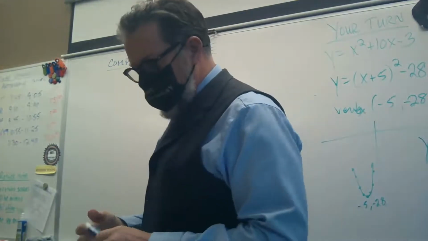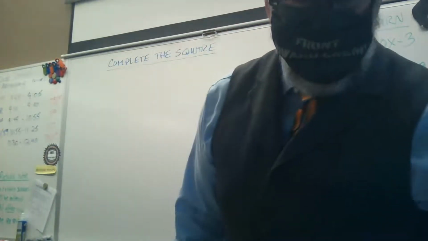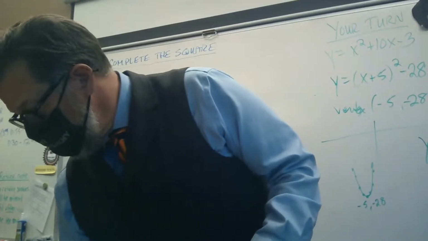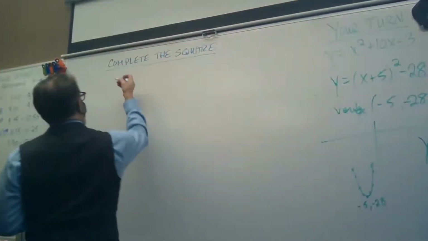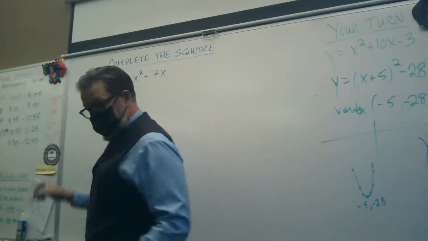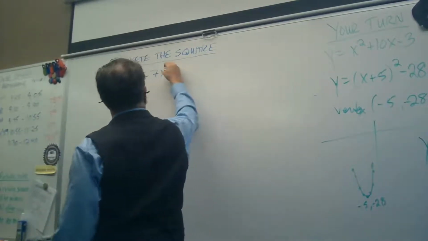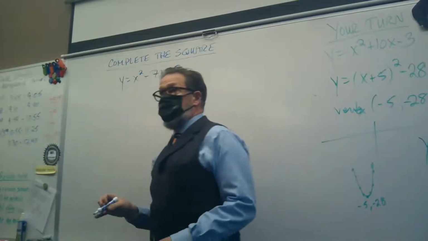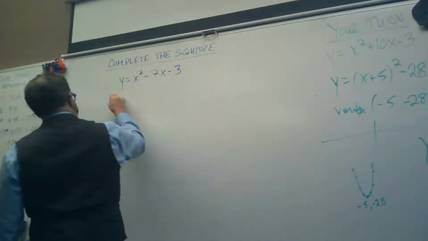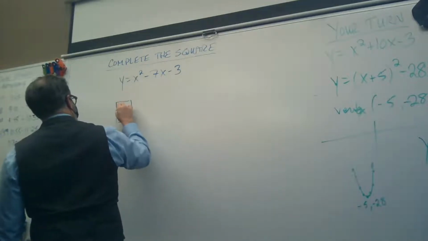My new example is y = x² − 7x − 3. So the process is exactly the same. Here we go, I'm going to do algebra tiles.